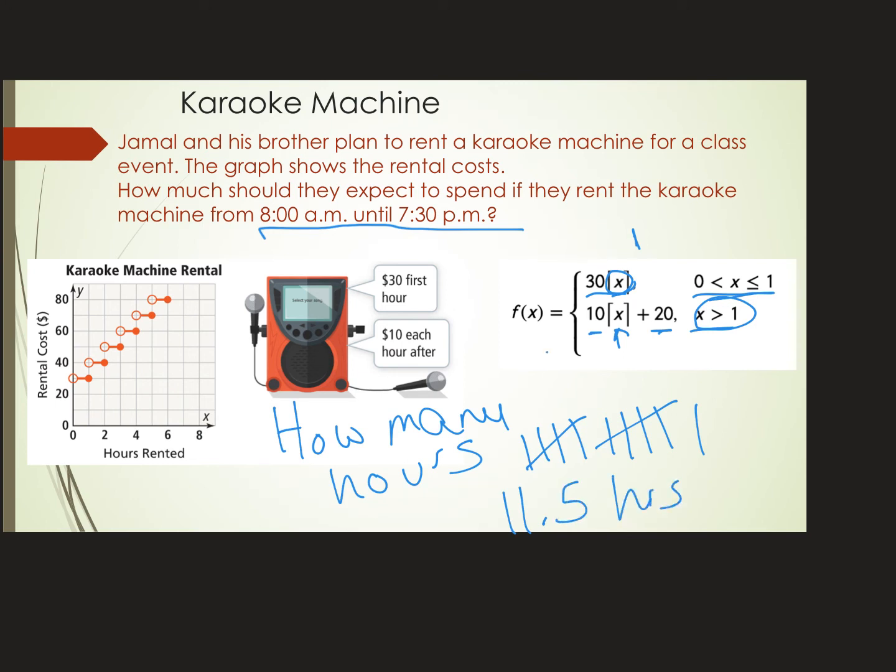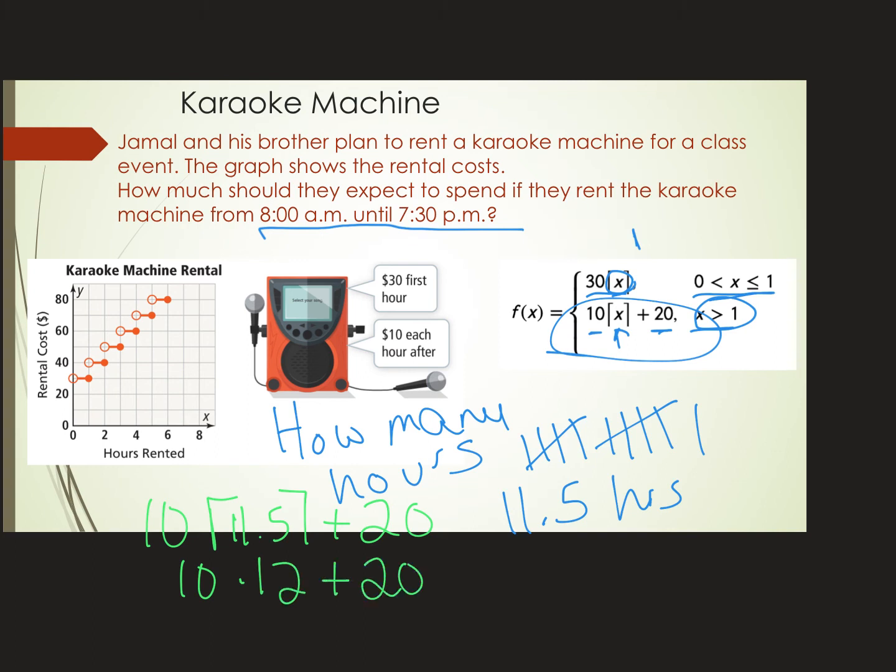So we're going to be using this function here. So I do 10 times the ceiling of 11.5, which will become what? So if I do ceiling of 11.5, it becomes 12. So I have 10 times 12 plus 20. So 10 times 12 is 120, plus 20 is $140. So that's their price, $140, because they had it for 11 and a half hours.